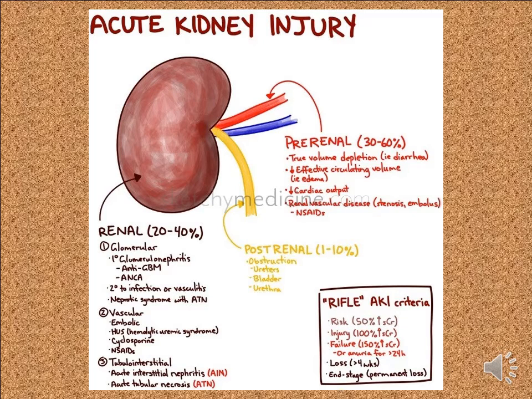We have two categories of renal failure, either acute or chronic.